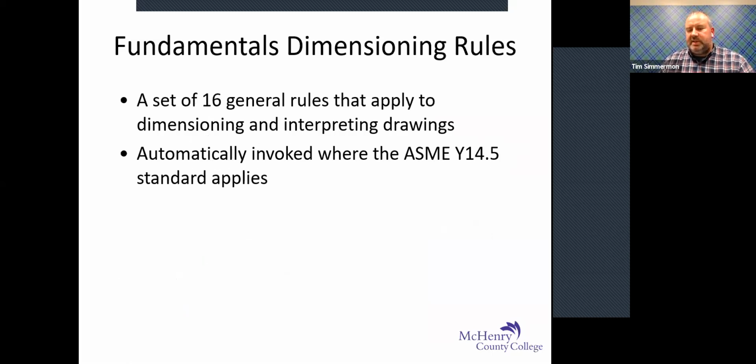What's nice about having that set of standard dimensioning rules is that it gives somebody a way to break the tie, to break that interpretation. You can go back and open up the standard and say, this is what the standard says, so that's how we invoke it.